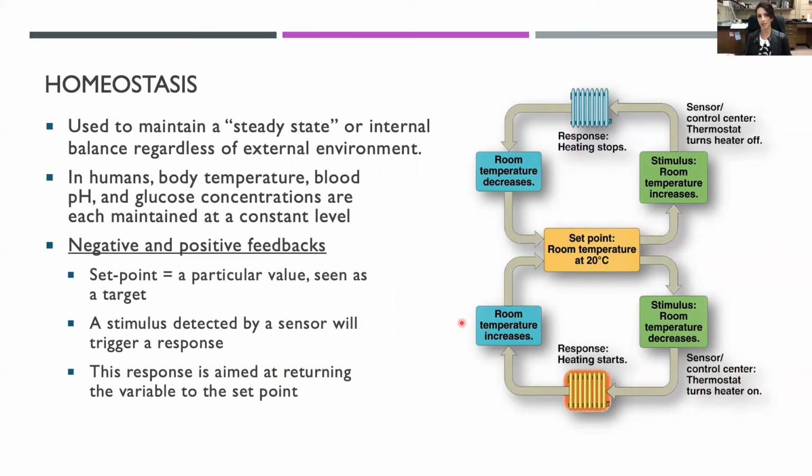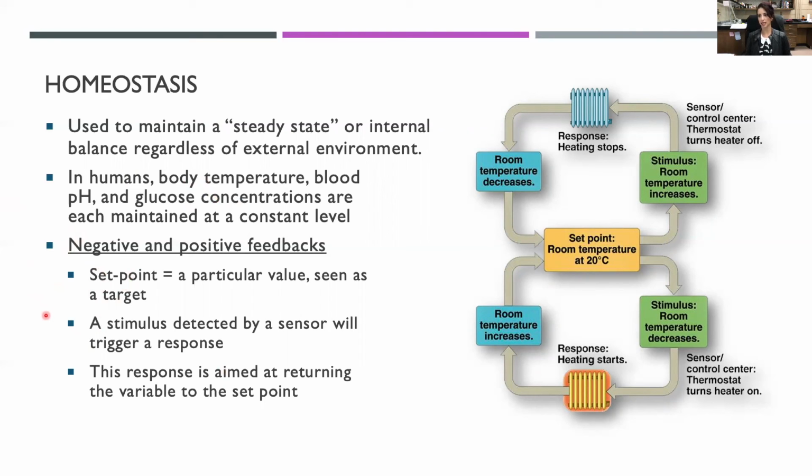The maintenance of these things at a constant level are due to what we know as positive and negative feedbacks. These all have to do with a set point. So a set point in glucose concentrations, in blood pH, or body temperature. And the set point is a particular value that's seen as a target, the thing that we need to shoot for and maintain in our body.